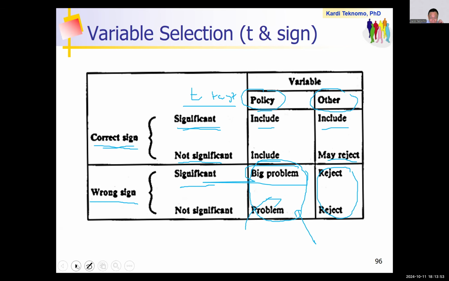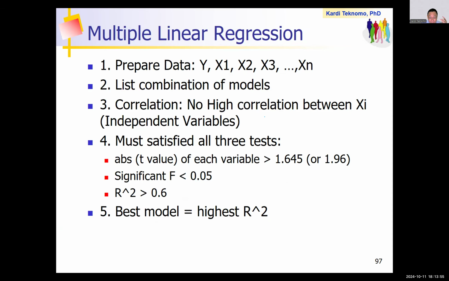Next, if you have multiple linear regression like the price of the car a while ago, this is what you need to do. First, you have x1 to xn. Suppose these are the independent variables, and y is your output.